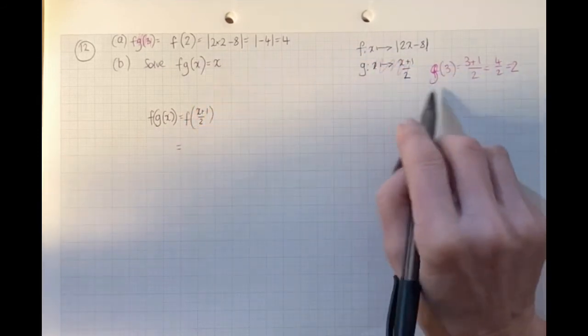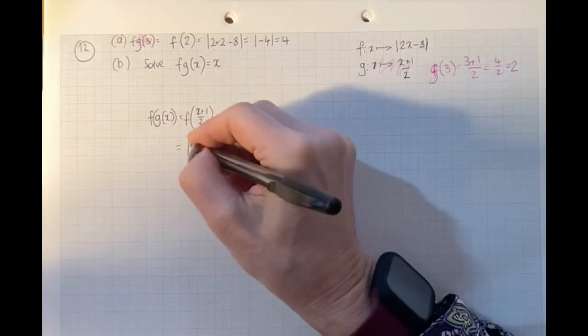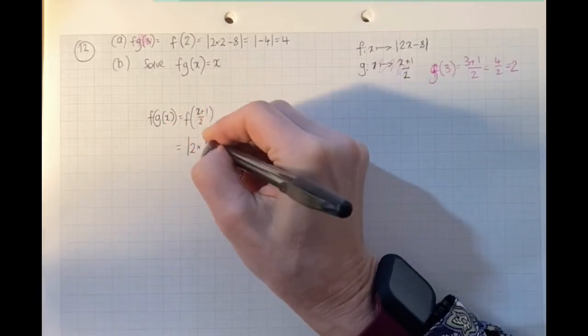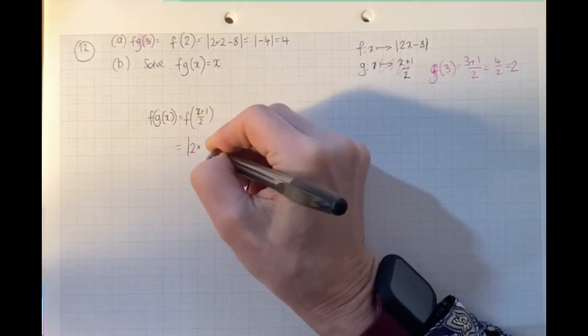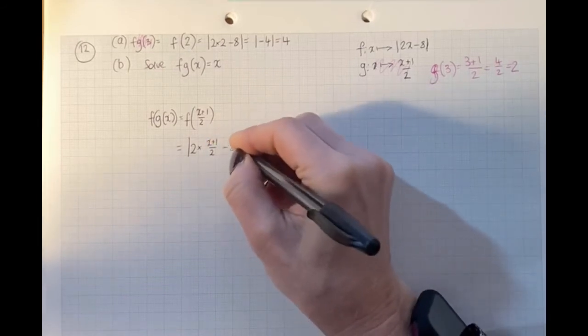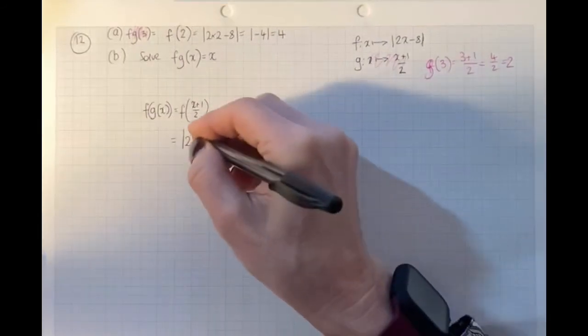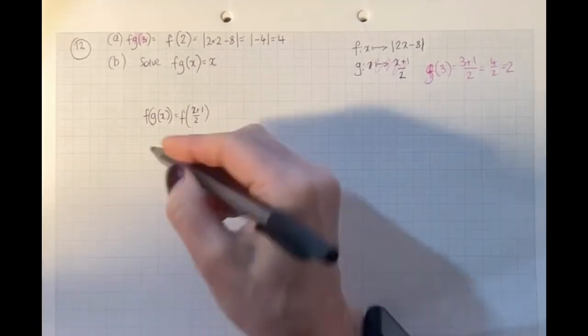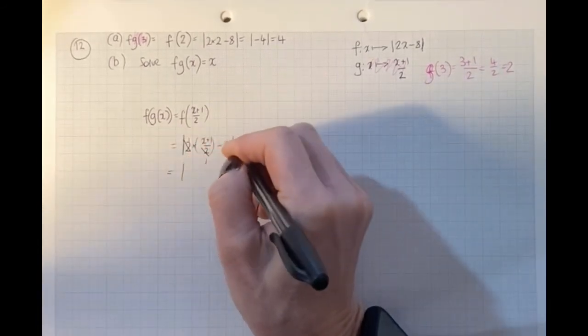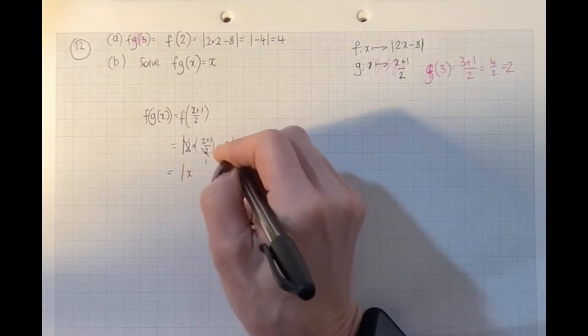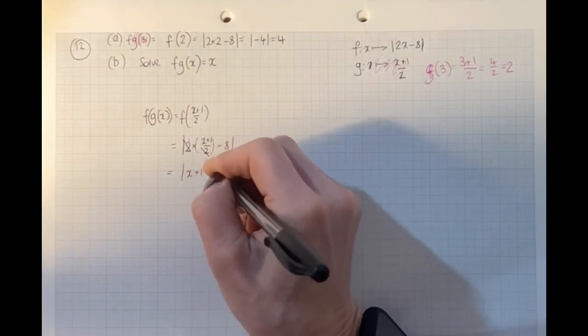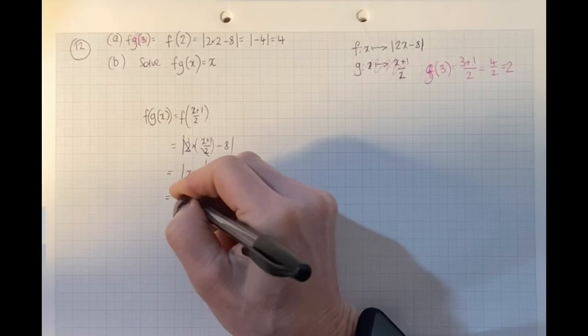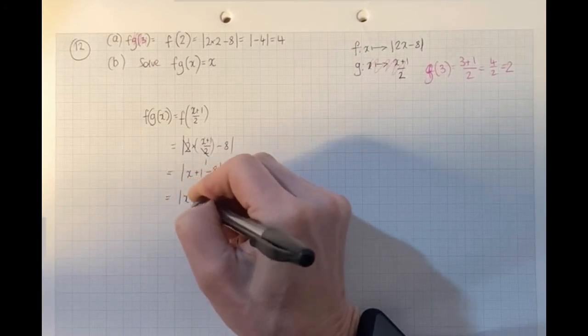So function f is modulus of 2 times whatever it's fed, so modulus of 2 times (x plus 1) over 2 minus 8. So the 2's will cancel, and you've got modulus of x plus 1 minus 8. So it's modulus of x minus 7.